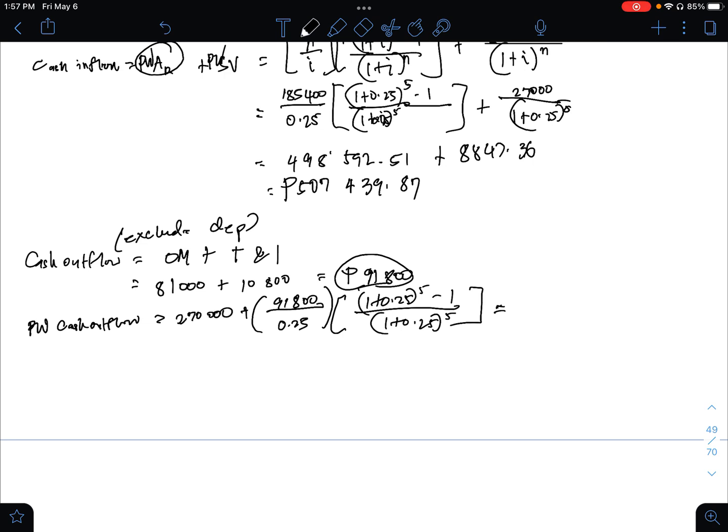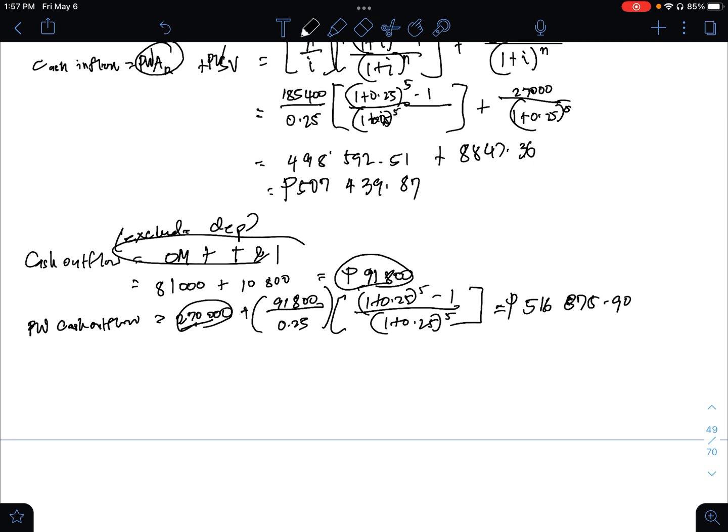So atong gi-invest, correct. Ito ay investment plus the present worth of operation, maintenance, and tax and insurance. So that is 516,875.90.